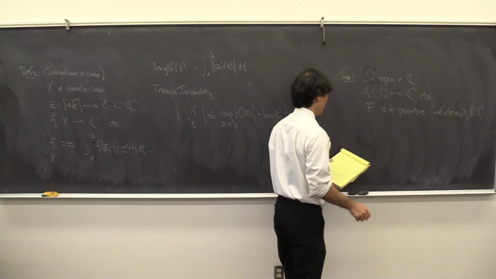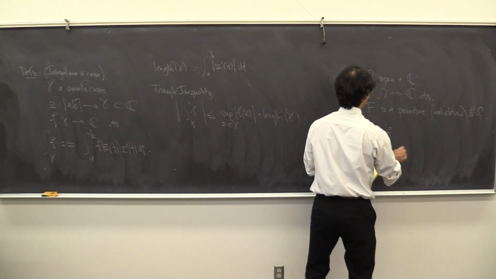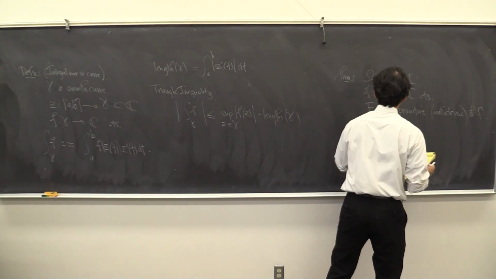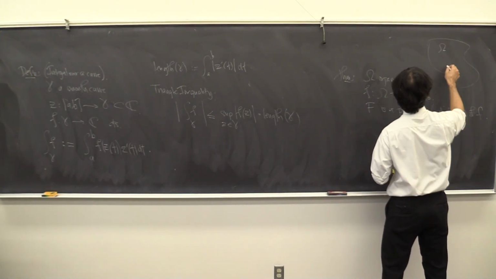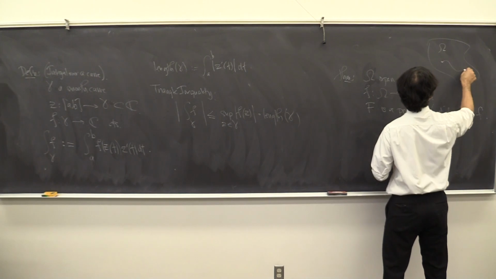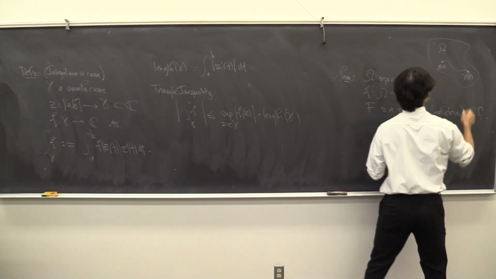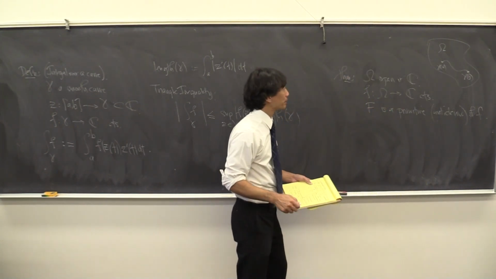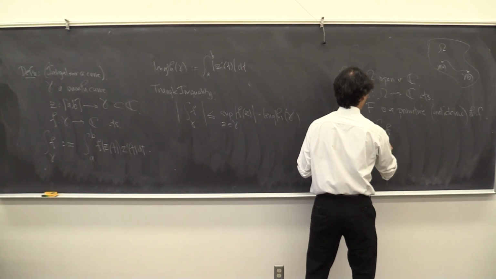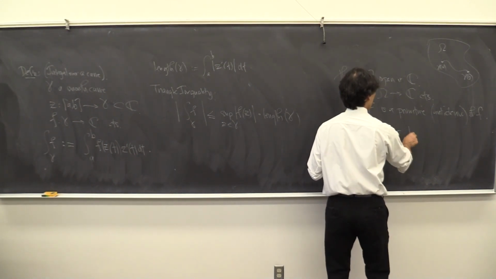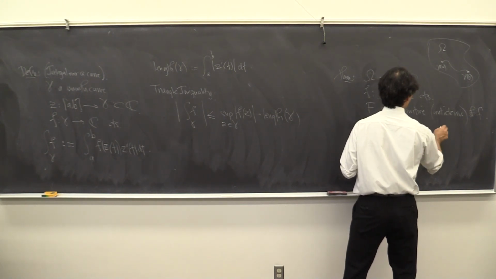Then, if you have a curve gamma going from gamma A to gamma B inside of omega, the integral of little f over the curve is the same as the difference of the antiderivative evaluated at the endpoints.